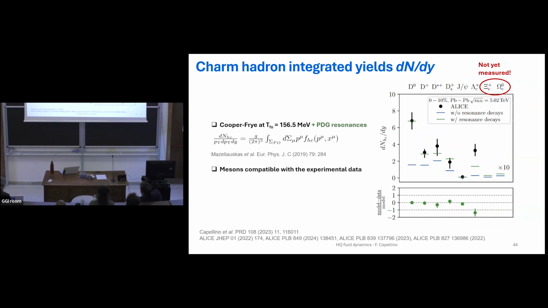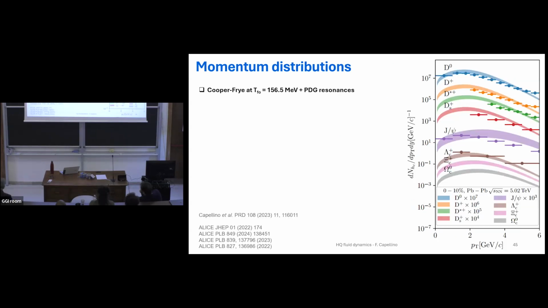So this is the only case in which for now I trust the integrated yields. In this case, instead, we vary the diffusion coefficient, but we still don't include this diffusion current component to the equilibrium function. And therefore, we get a variation in the integrated yields as well. So now we are working on a systematic way to include this, in order to also shrink these bands and see a bit better where we are in comparison with the experimental measurement.